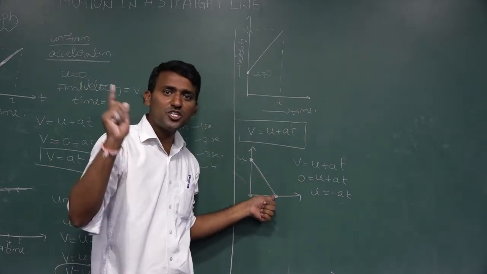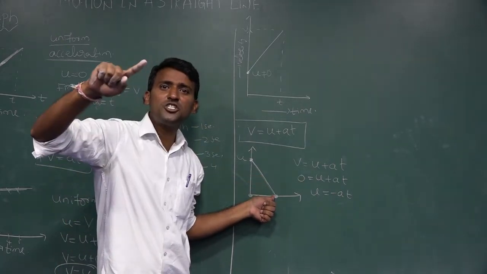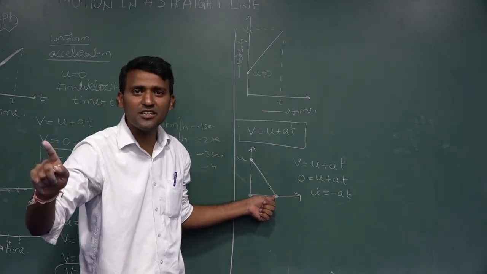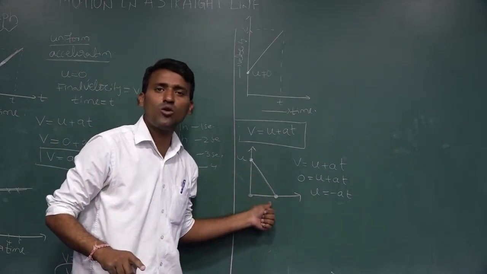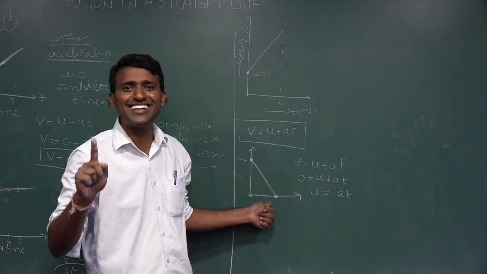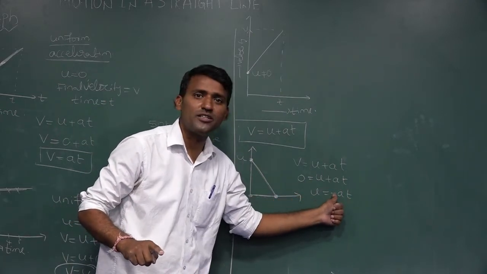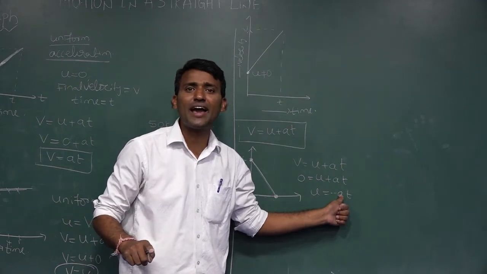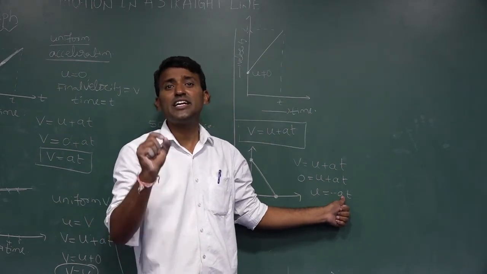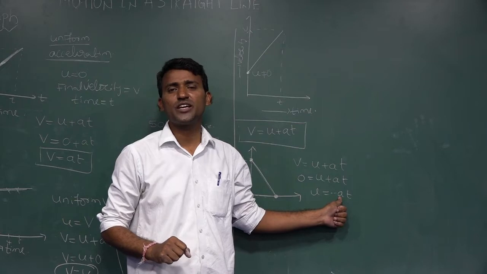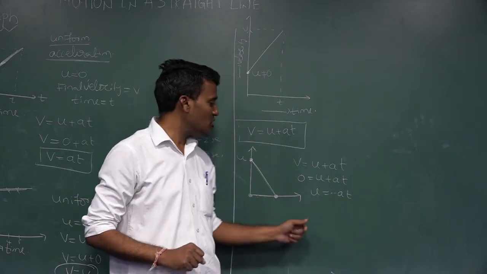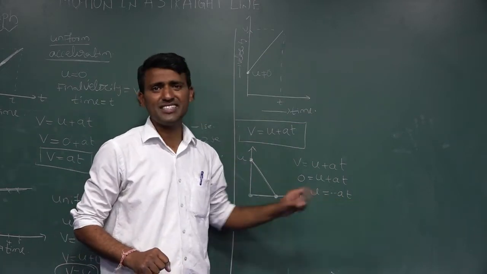I told you just now, increasing velocity we call acceleration. Decreasing velocity we call retardation or deceleration, negative acceleration. So u is equal to minus a, we got it. Minus a is nothing but negative acceleration, we call it retardation.